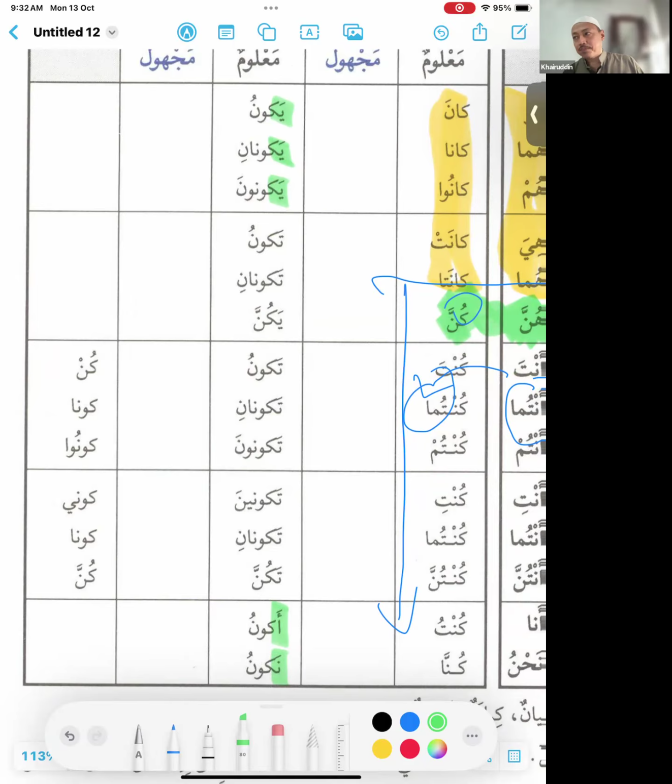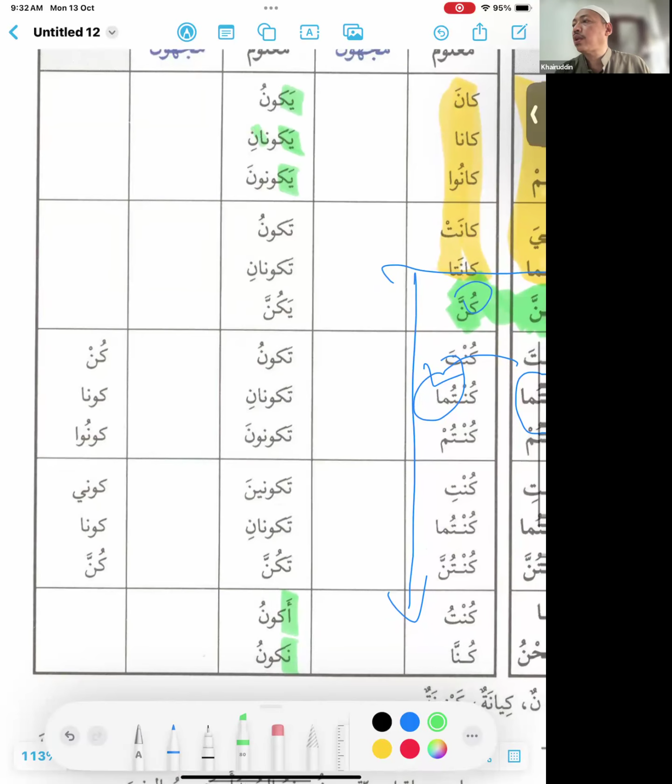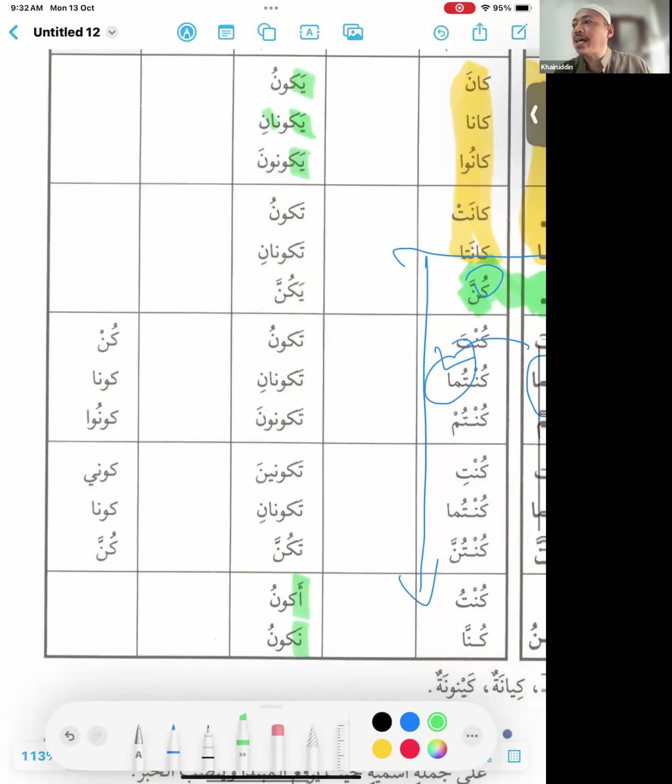Okay, so for the rest of the verb forms, you just have to think about whether you put a ta or a ya in front. Okay, and remember I also mentioned that for a dual, you add this thing called an alif ithnain. So from yakunu you would get yakunani, and then the nun is a ziyada, an addition, which sometimes drops off depending on the function of this word in a sentence.